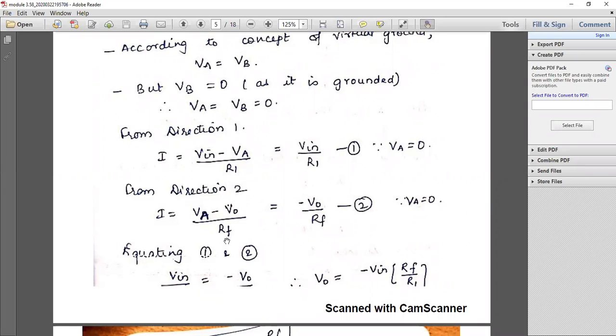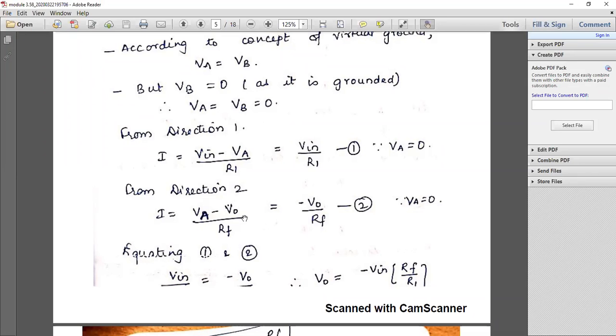Due to virtual ground, VA equals 0, so we get minus V naught by RF. In these two equations we are just taking the difference of the two node voltages and the resistance connecting them: Vin and VA for the input side, and VA and V naught for the output side.